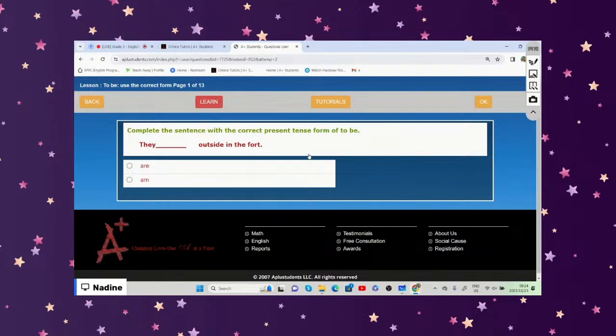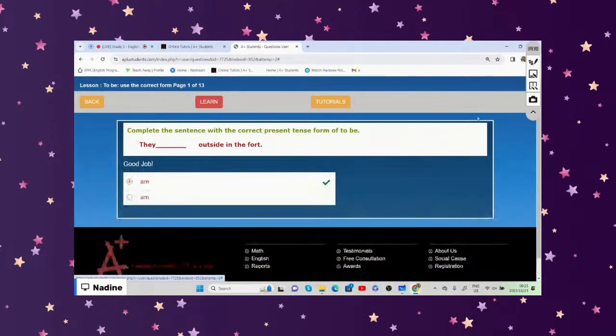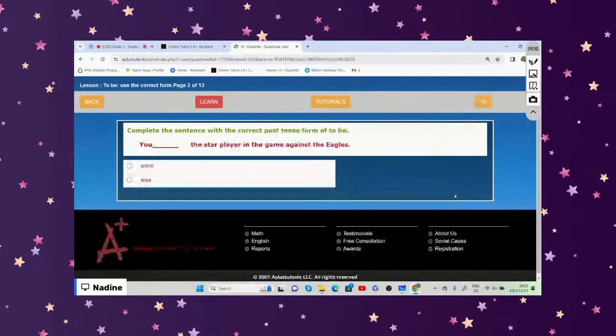All right, so if we choose the correct one, then yes, we can say they are outside in the fort because it's something that they are doing now. They are outside, right? So are is the correct form of the verb to be. So well done. Are is correct.